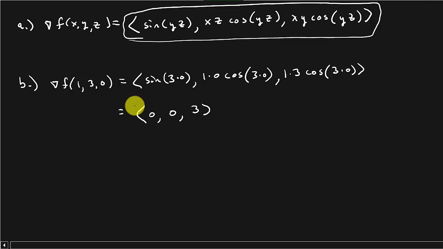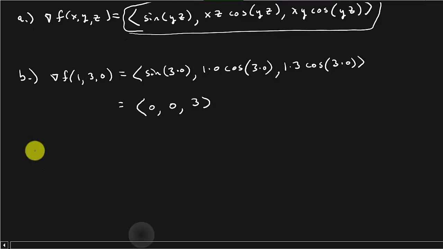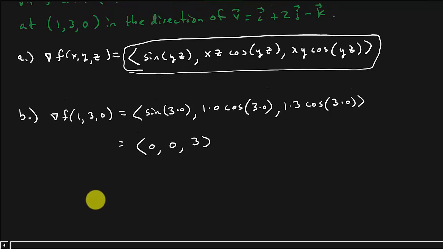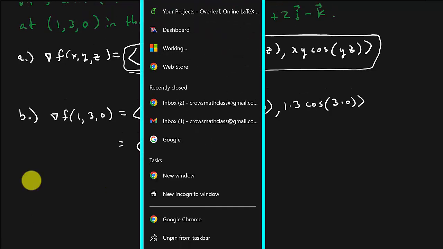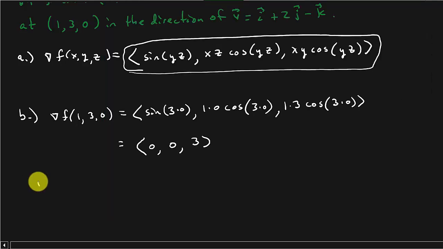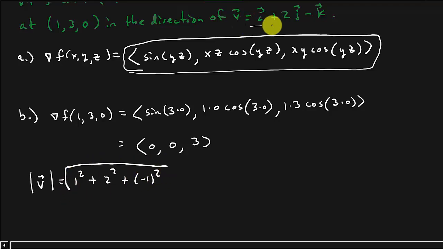Now we need to find the unit vector. So, to find the unit vector, we need to do what? We need to find the magnitude of v, which is 1 squared plus 2 squared plus negative 1 squared, and it's the square root of that. See, right?